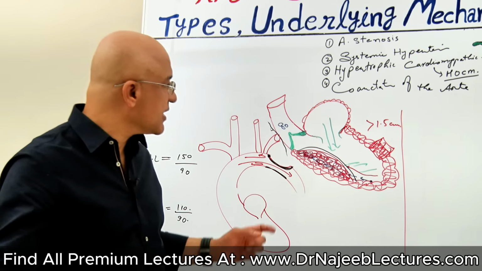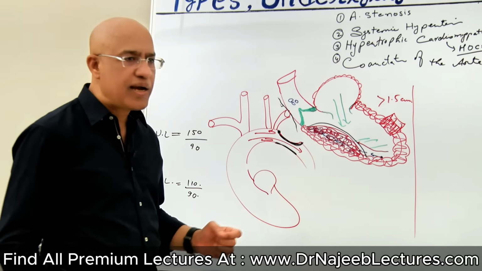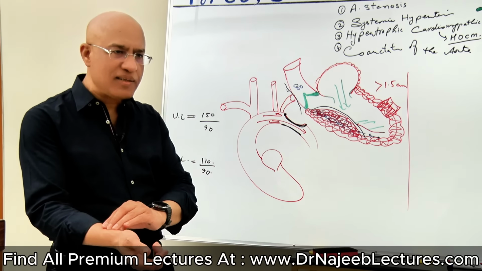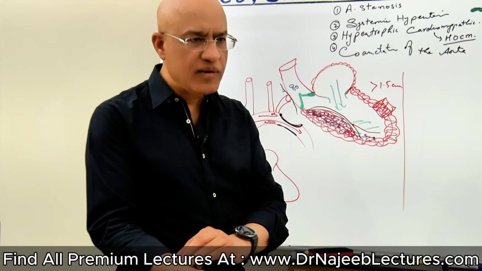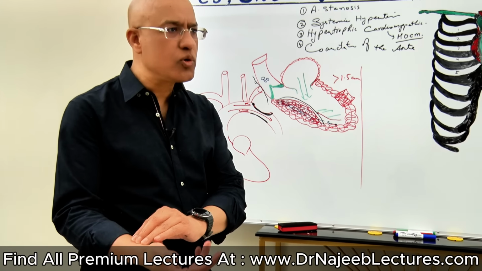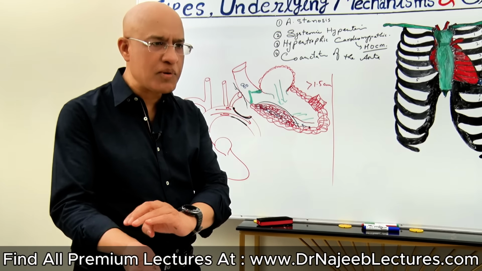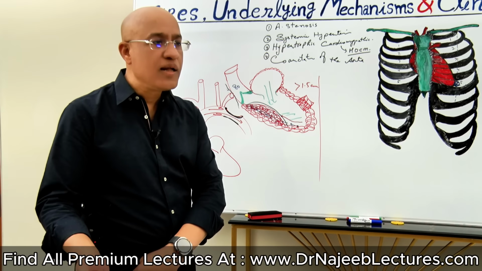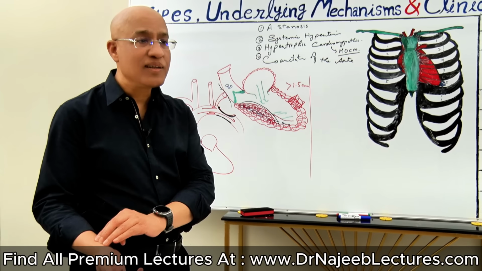Another interesting finding in this condition is radiofemoral delay. If you simultaneously palpate the femoral artery and radial artery, of course you have two hands, remember, one pulsation here, another pulsation you are checking here. They will not be almost simultaneous.